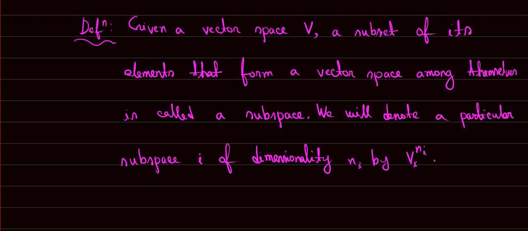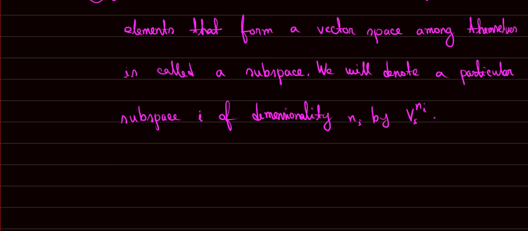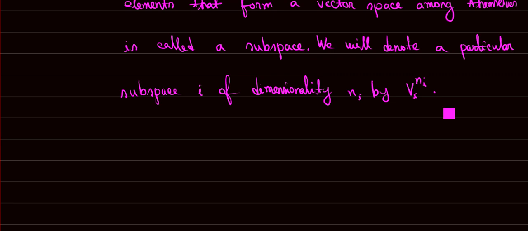So we'll take some elements of a vector space, and if those elements together form a vector space, we'll call those elements a subspace of the original vector space. It will be clear if we give some examples.